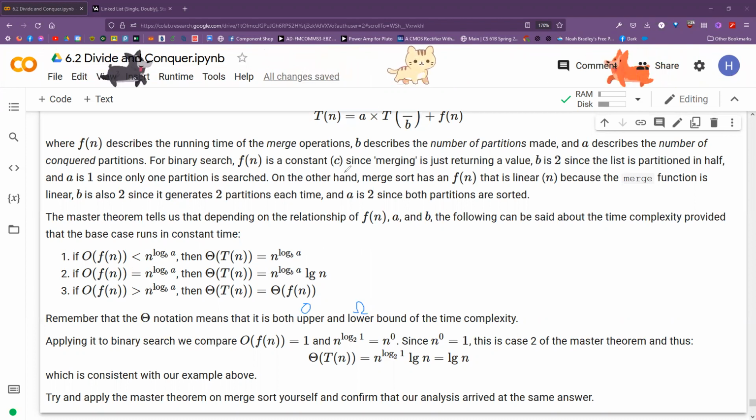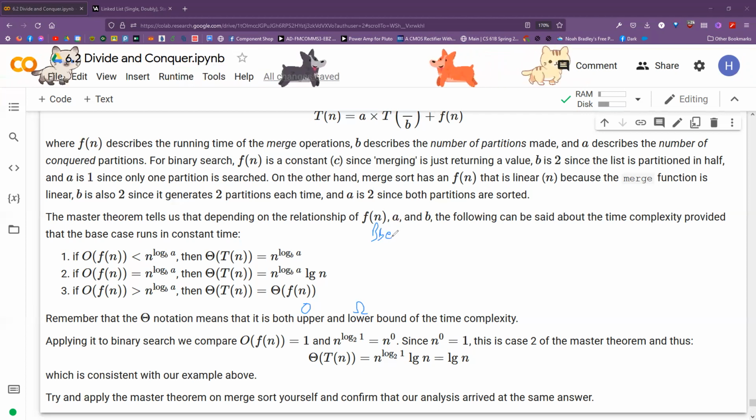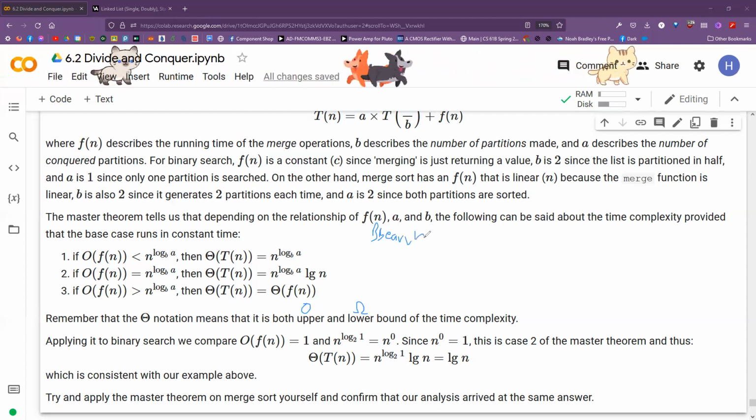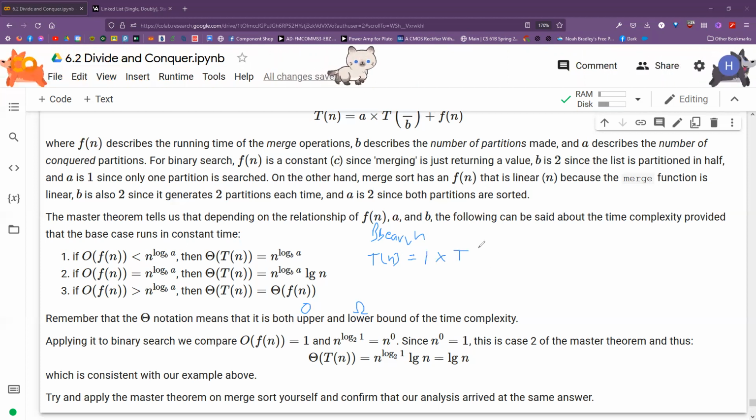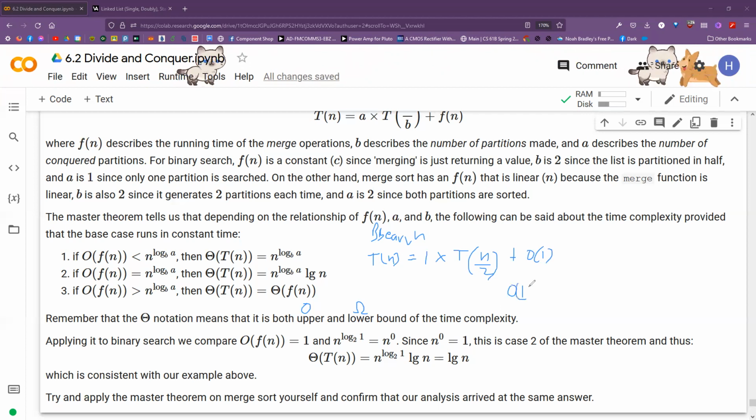So for example, for binary search, we have T of n equals 1 times T of n over 2 plus O of 1. So comparing f of n, which is O of 1, and n to the log base b of a.